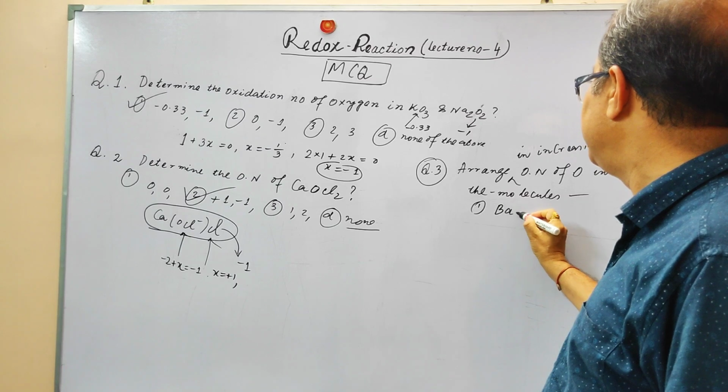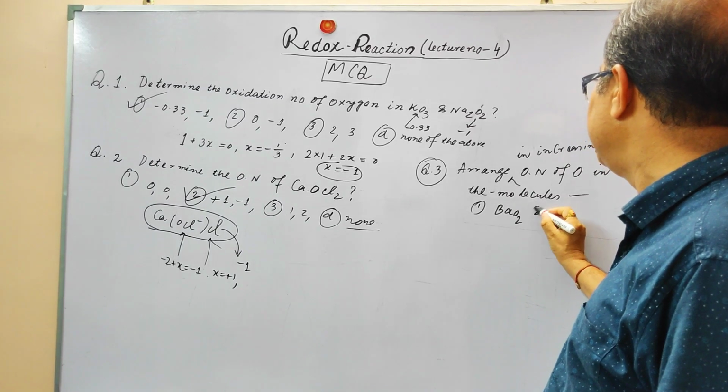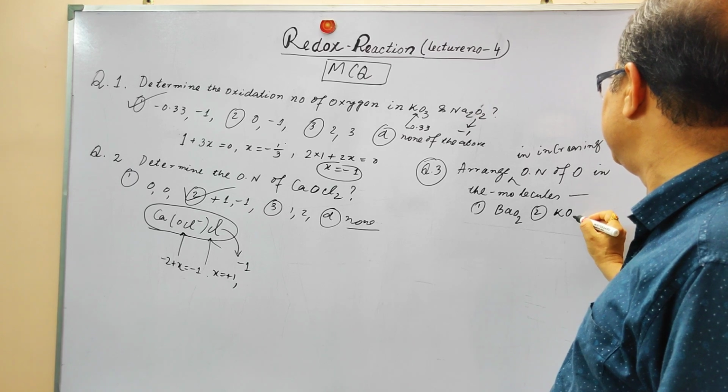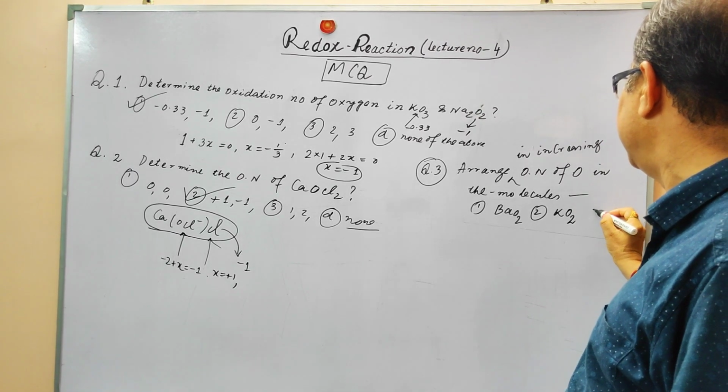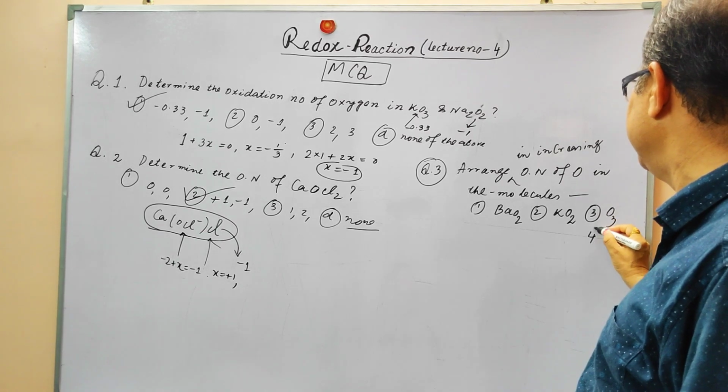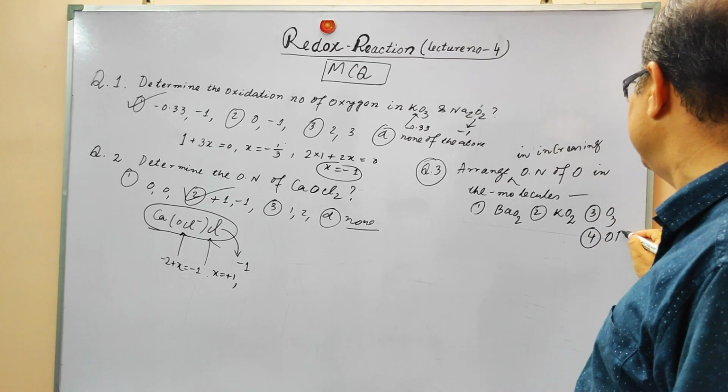You are given BaO2, second KO2, third O3, and fourth OF2.